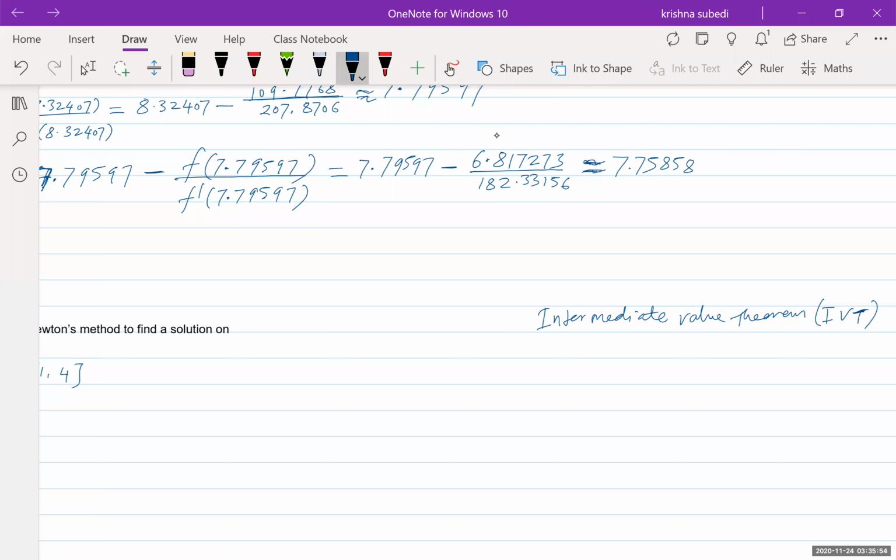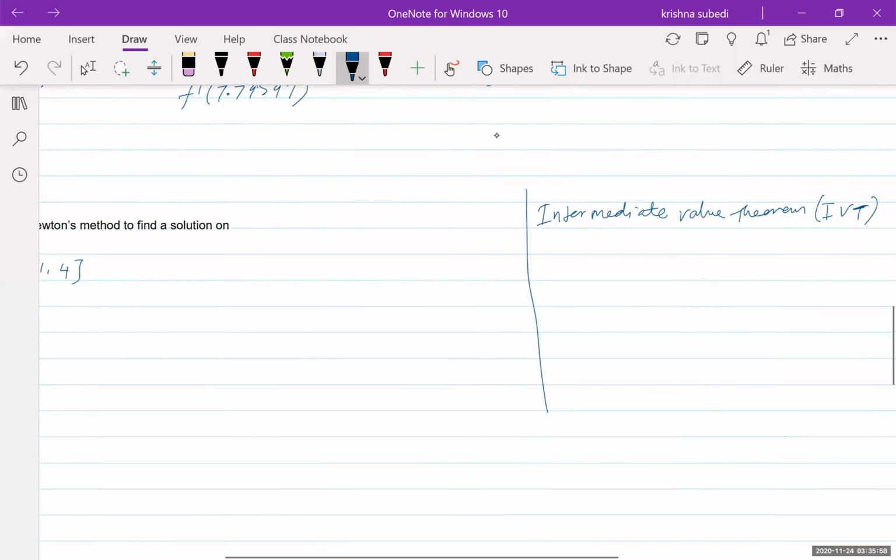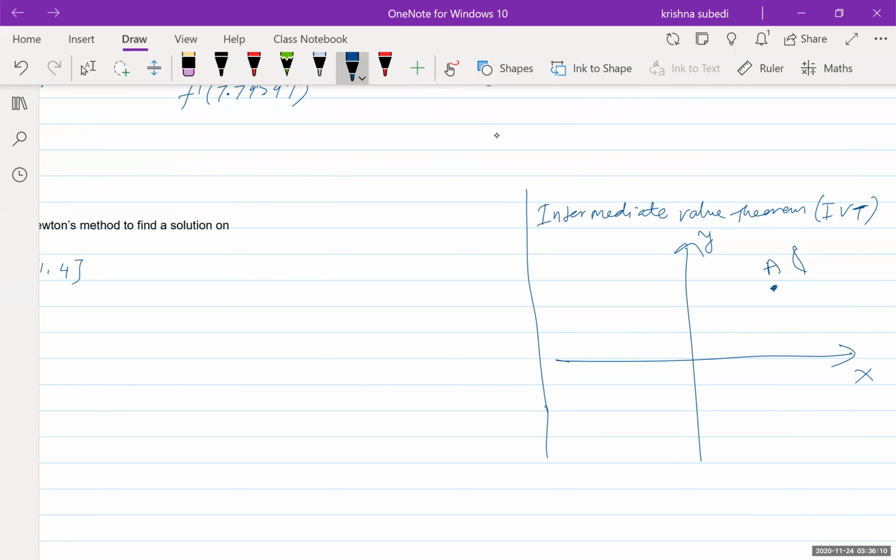You learned this theorem in high school, in pre-calculus. What this theorem tells us is that, suppose here is one point, let's say A, and at this point your y value is positive, meaning f(x) is positive, because this is above the x-axis.